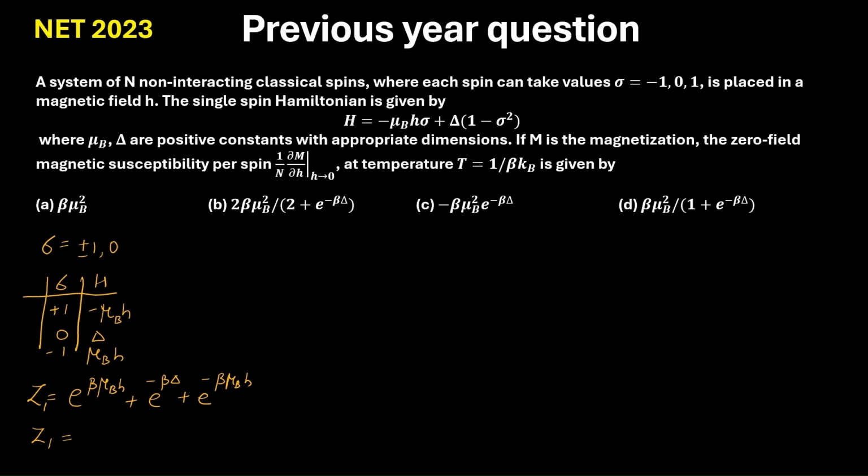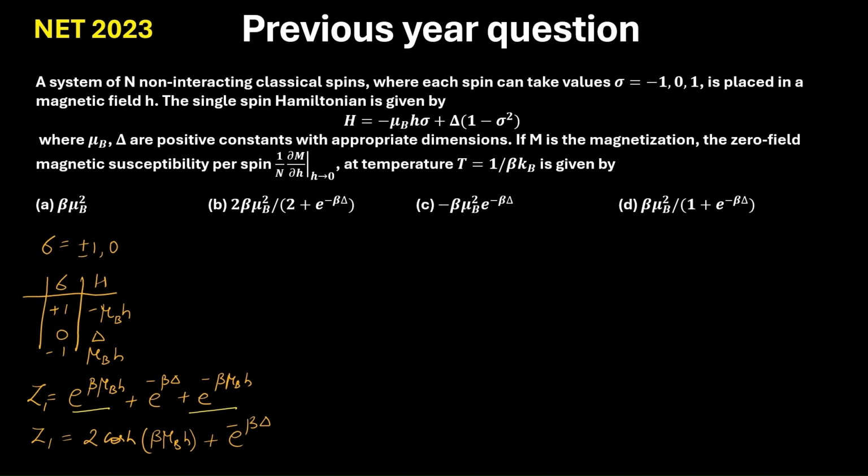I can use this term and write it in the form of cosh. So I can write 2 cosh(beta mu_B H) plus e to the power minus beta delta. So this is the partition function for a single spin.